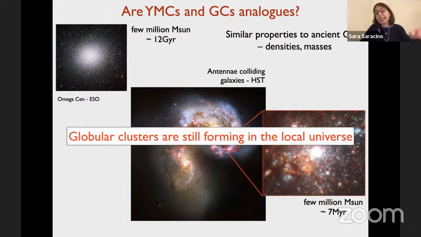So we can say that globular clusters are still forming in the local universe. And this is something that maybe omega Cen or another cluster like it would have looked like in the very early stage of its formation and evolution.